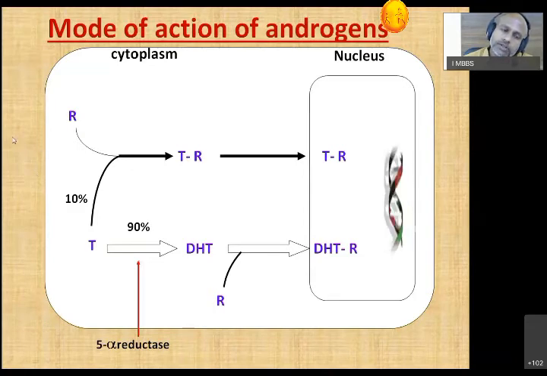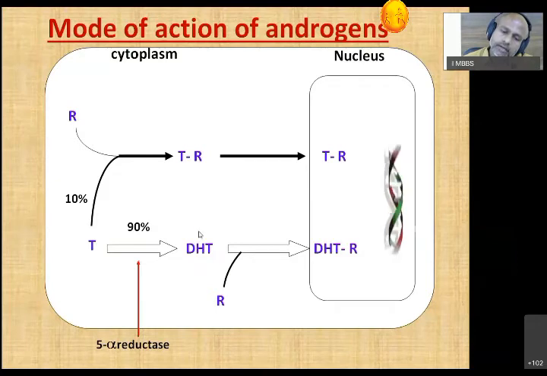Once the testosterone comes from circulation inside the target cell, its receptor is present in the cytoplasm. It will form a hormone receptor complex, the testosterone receptor complex. This complex will move inside the nucleus and increase the rate of transcription. The desired protein synthesis is achieved, and the desired changes in the target cell are also achieved.